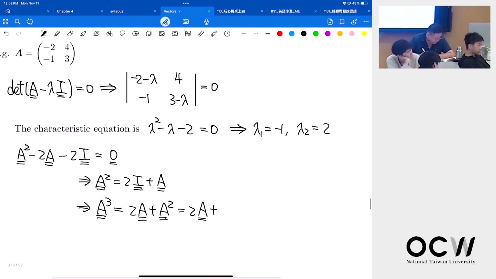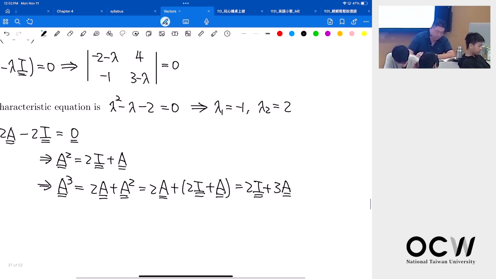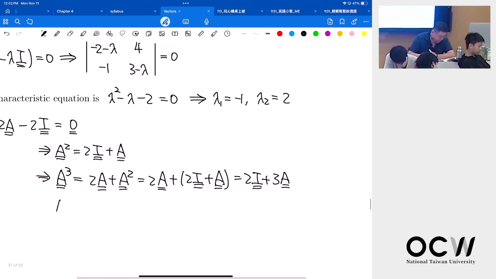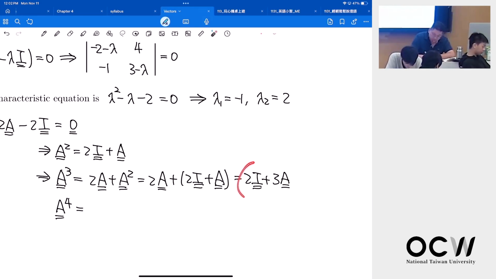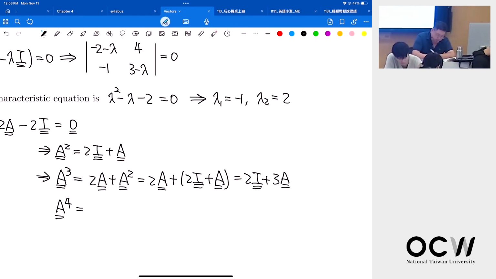A squared is 2 identity matrix plus A. So you got 2 identity matrix plus 3A. And A to the 4th, here you times A, and then you have A squared, replace that, then you get 6 identity matrix plus 5A.